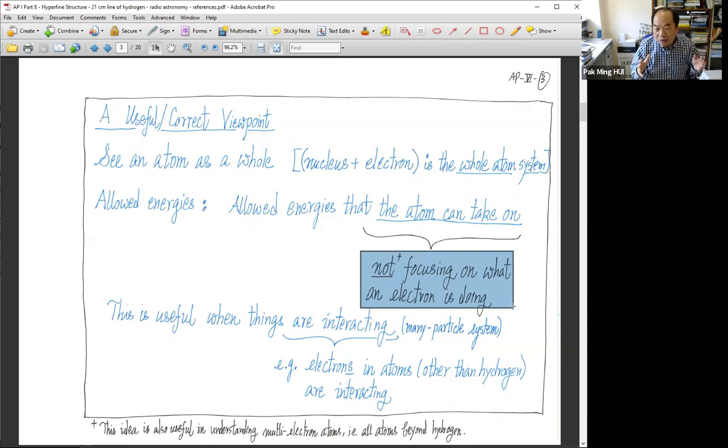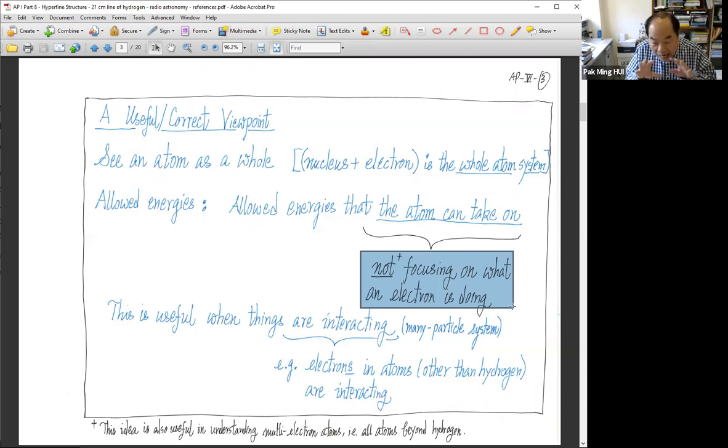Do you understand the question? I'm not thinking about whether the electron is somewhere at some level, okay? That, for multi-electron atoms, we will discuss next week, okay? That is a lot of approximation behind it until we can think about 1s2, 2s2, 2p4, something like that.